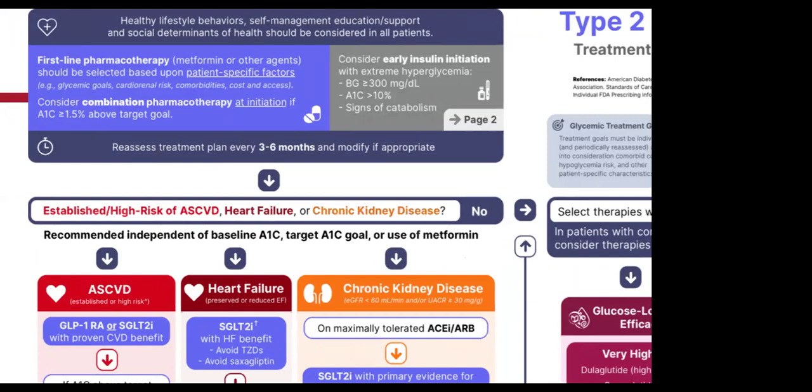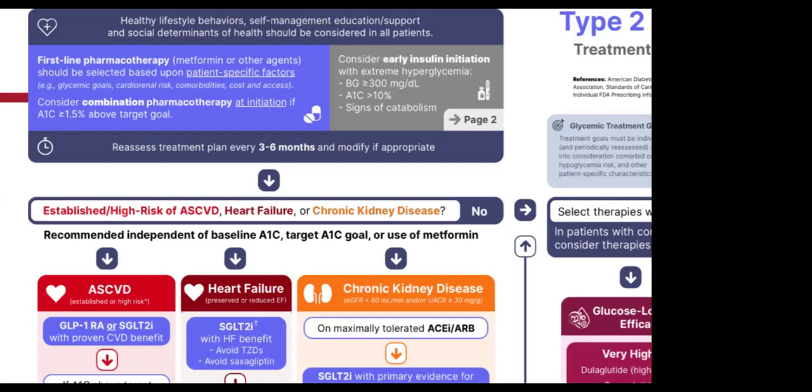The first line treatment is usually metformin, or some other agents like sulfonylureas can also be used. But in Uganda, we use metformin as the first line treatment.